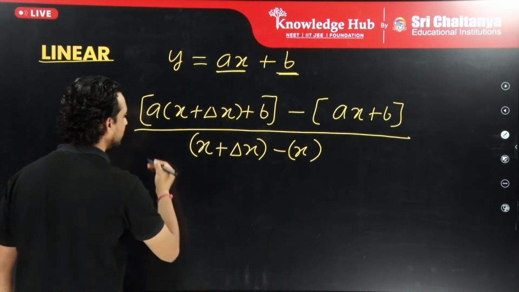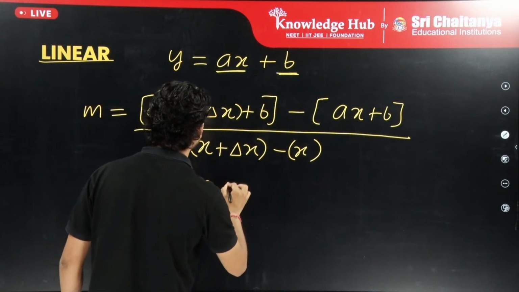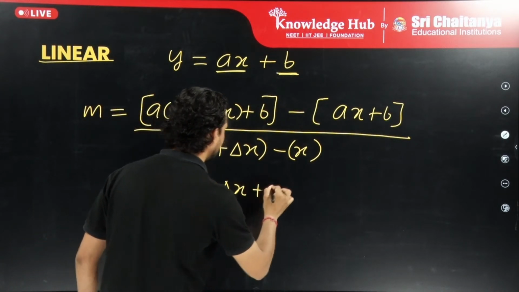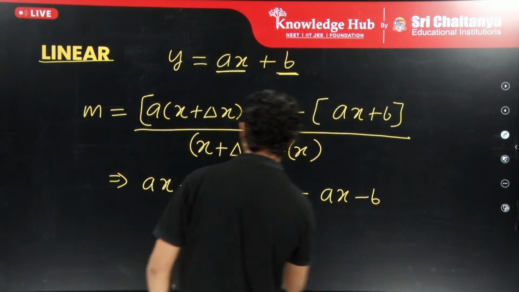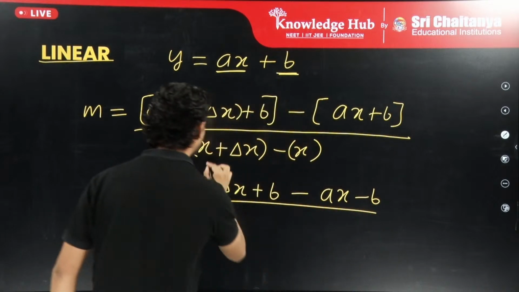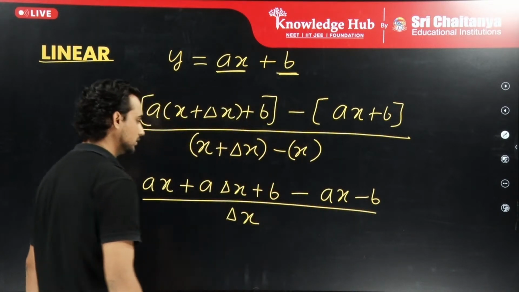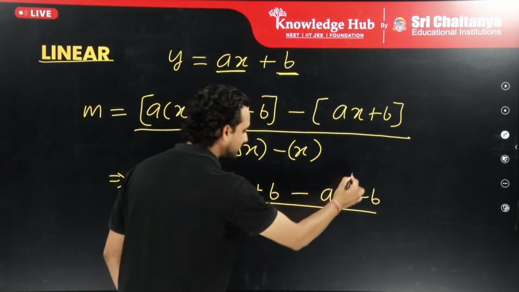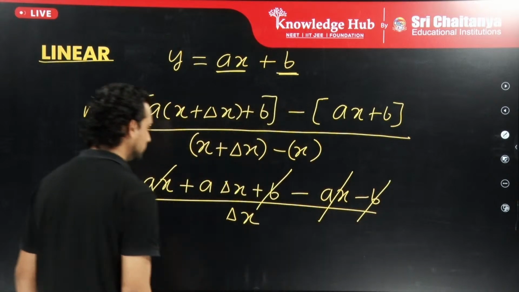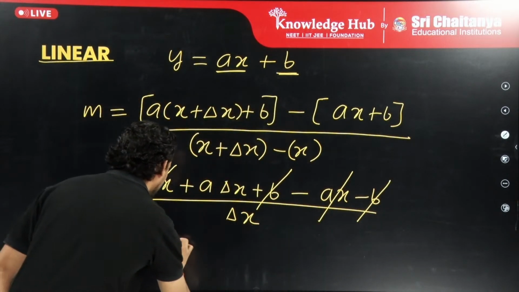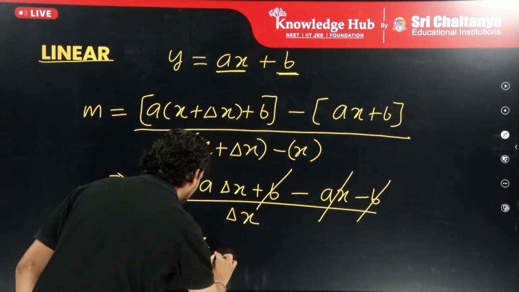I'll get ax plus a delta x plus b minus ax minus b, upon x plus delta x minus x, so I will get delta x here. If you look closely, ax cancels with ax and b cancels with b. So I get a delta x upon delta x, that is equal to a.